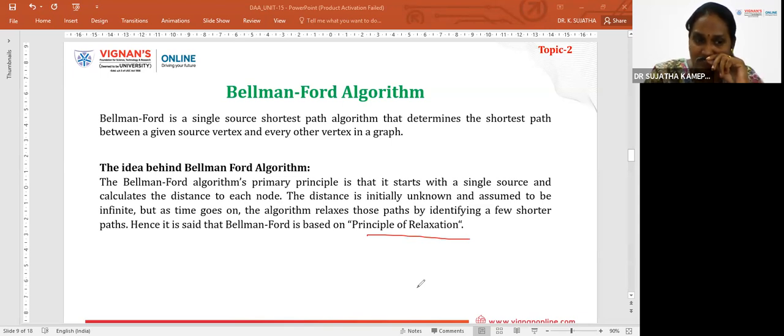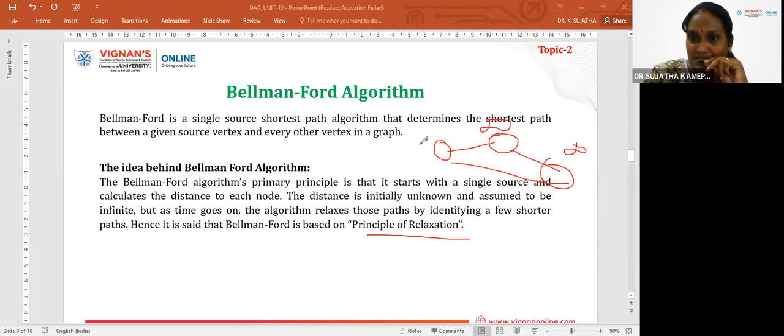What is this principle of relaxation? So here, it starts with a single source and calculates the distance to each node. The distance is initially unknown and assumed to be infinite. But as time goes on, the algorithm relaxes those paths by identifying shorter paths. For example, your graph contains these three nodes. So here, the paths are like this. Initially, the distance of this one is infinite and the distance of this one is infinite.